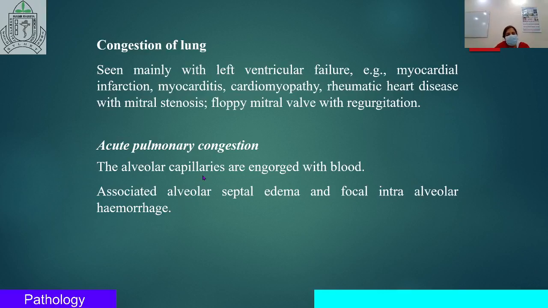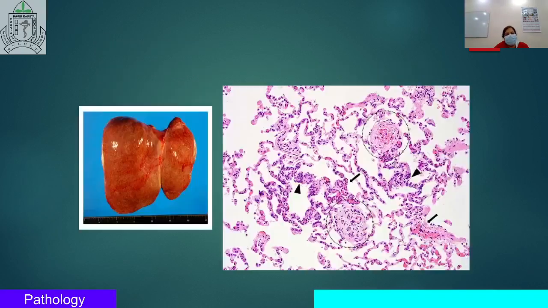There are alveolar capillaries, alveolar septa, and alveolar space. If we consider anatomy, look at the picture. This is the figure of acute pulmonary congestion.